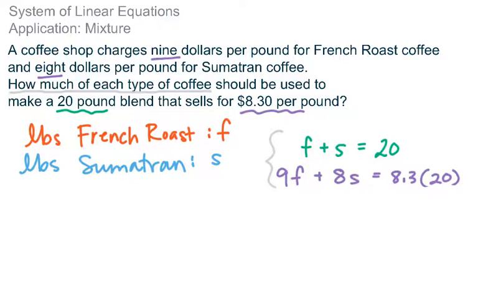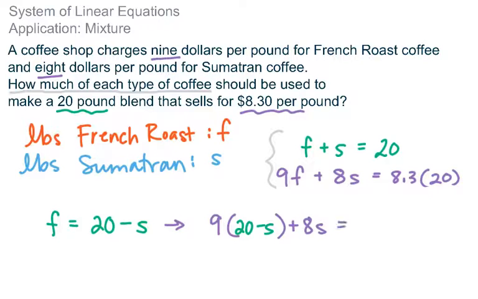I will rearrange my top equation, F plus S equals 20. I can rewrite that and say F equals 20, and when I moved that S over, that would be minus S. So I'll take that and plug that into my other equation: 9 times (20 minus S) plus 8 times S equals 8.3 times 20, which is 166.